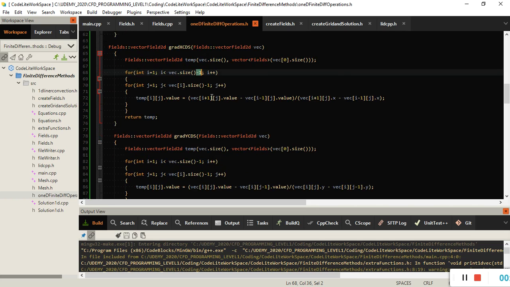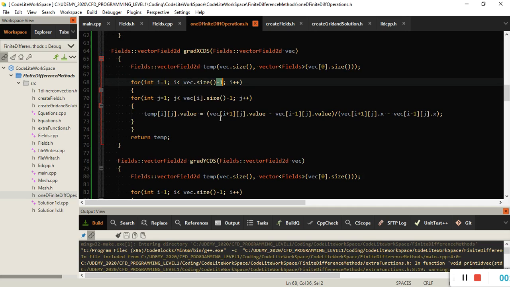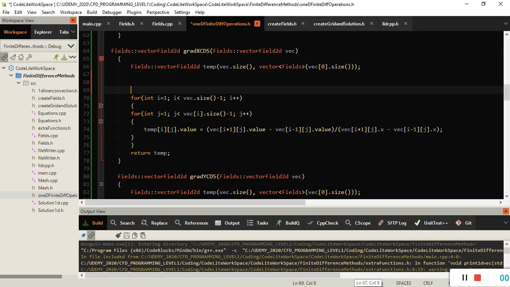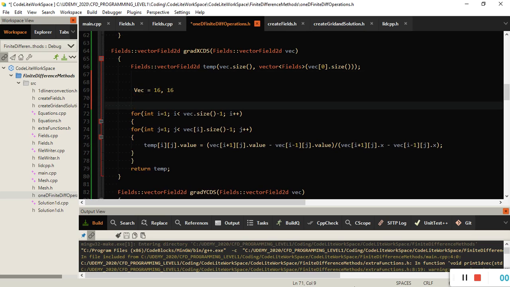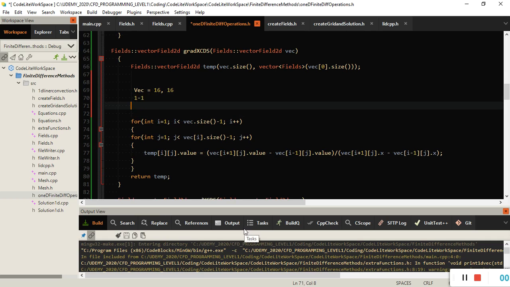So we won't be going out of scope or out of the size of the vector, because if we had a vector size of 15 or 16 by 16, then the least possible in I direction we can go is 1 minus 1, which is 0.